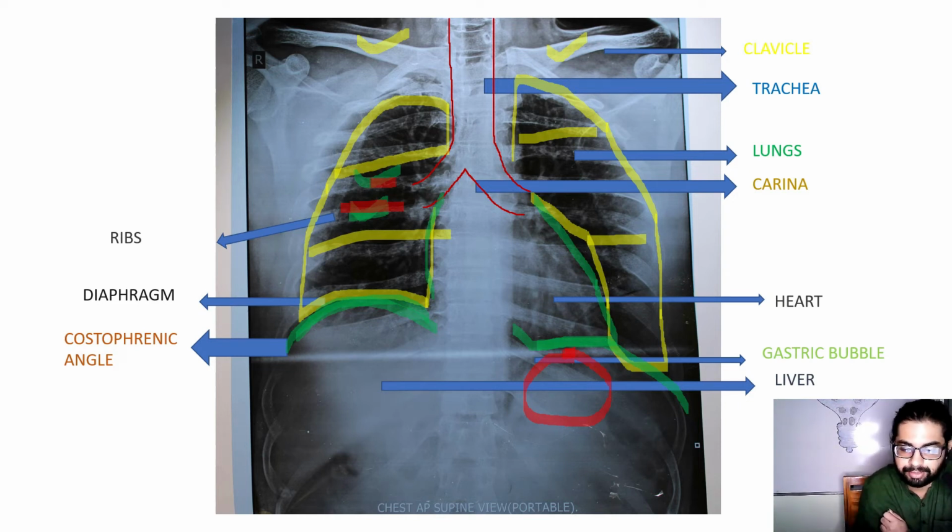So gastric bubble is present here. This is the largest organ of our body, which is our liver. So the angle here which is formed is called the costophrenic angle.